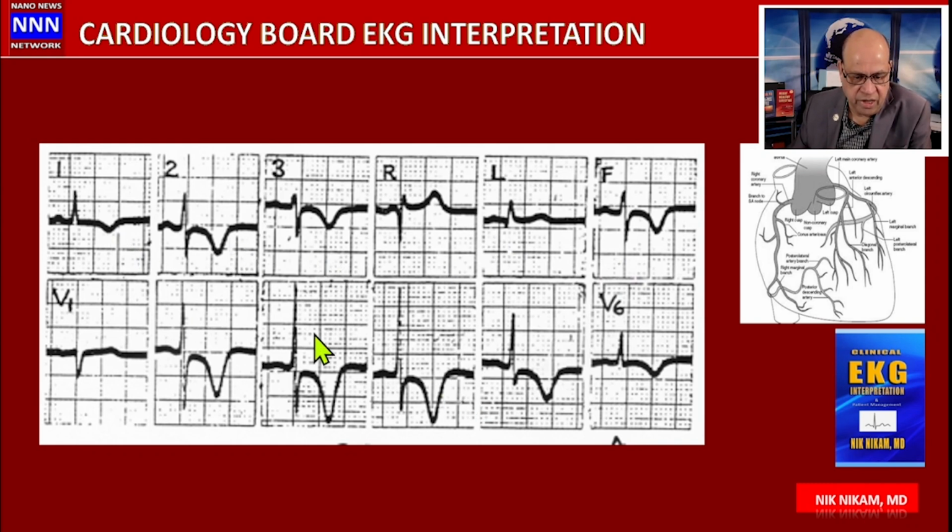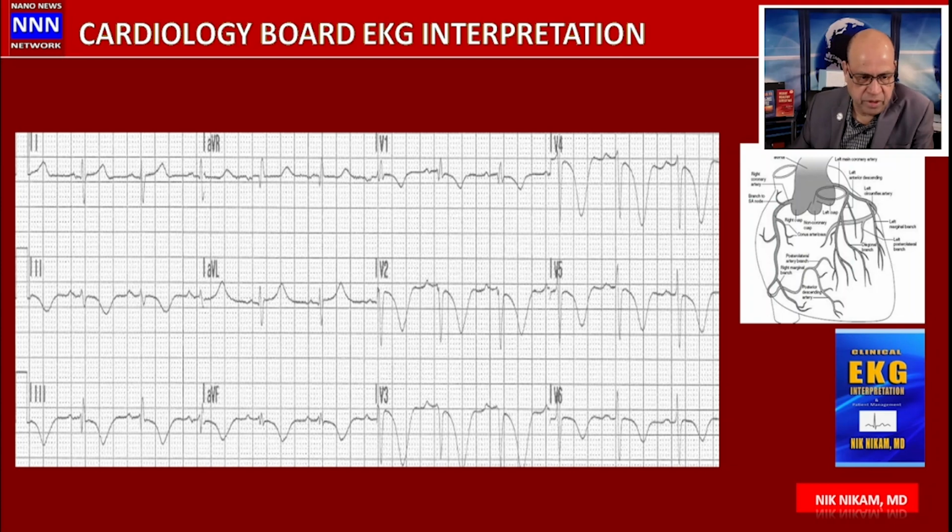Almost all the other leads have a T-wave inversion, which are deeply symmetrical. Here's another example of giant T-wave inversion noted in 2, 3, AVF, V1 to V6, along with incomplete right bundle branch block. We have a sinus rhythm with perhaps maybe even some degree of right axis deviation, right bundle branch block, giant T-wave inversions.